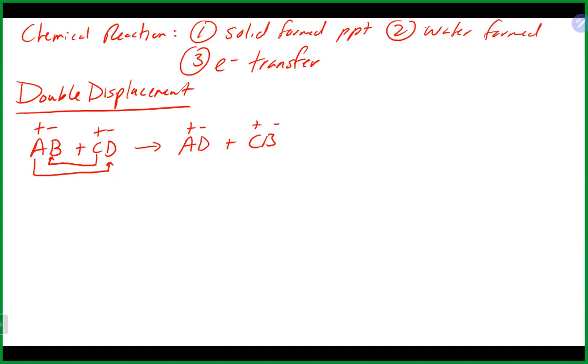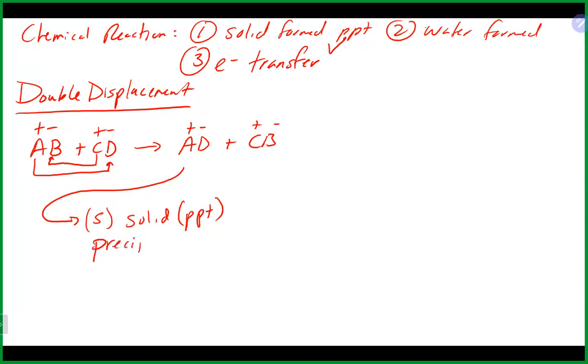Now, the result of these ions switching partners is one of 2 things. One of the products may form a solid, which is a precipitate that has formed. And that takes care of one of the reasons why a reaction takes place. And this is more specifically referred to as a precipitation reaction, because some type of solid has been formed.